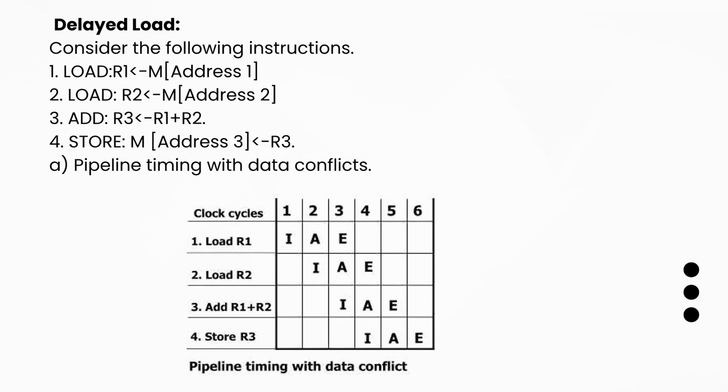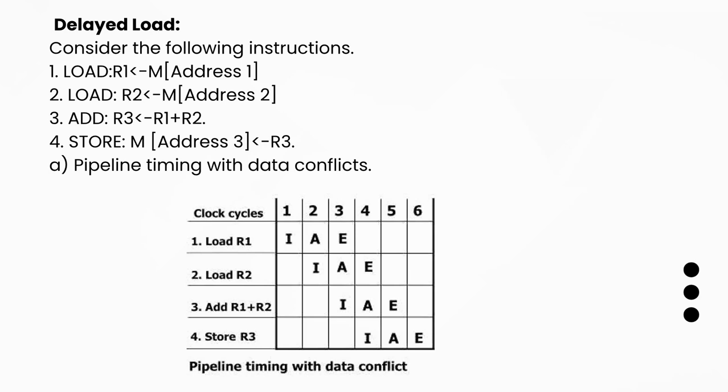I take one example, the following instructions. Load R1 equals memory address 1, load R2 memory address 2, add R3 equals R1 plus R2, and then finally store the data in memory address 3.